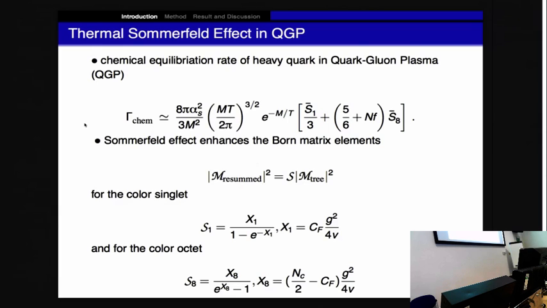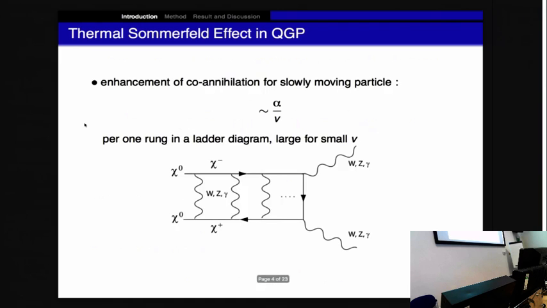So it is just a comparison between the tree-level matrix element and the resummed matrix element. There are two: one is the color singlet combination, and the other is the color octet combination. And this is the resummed result.